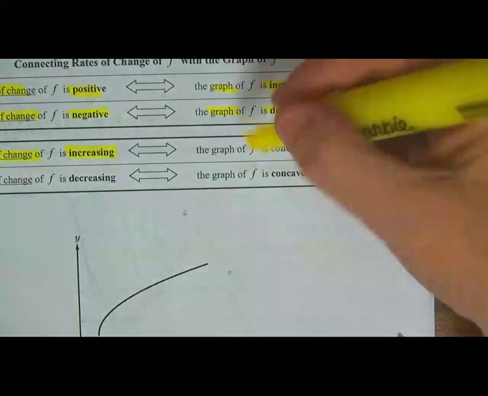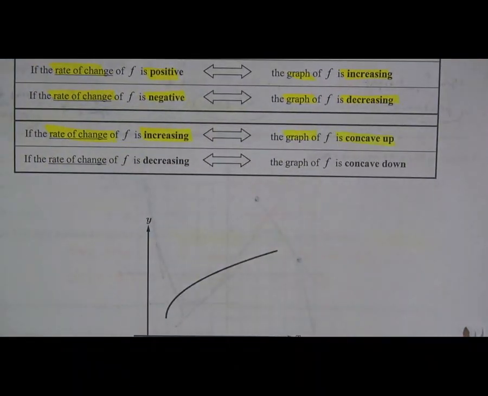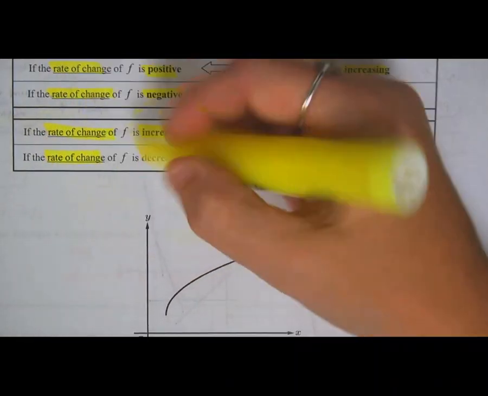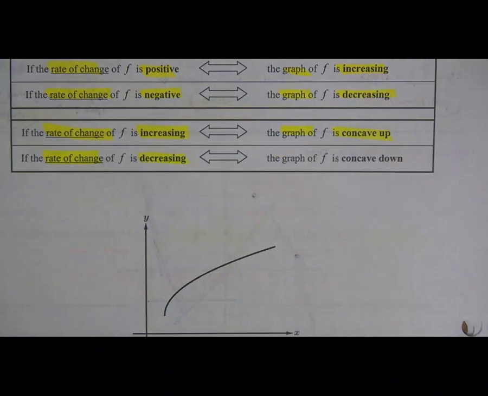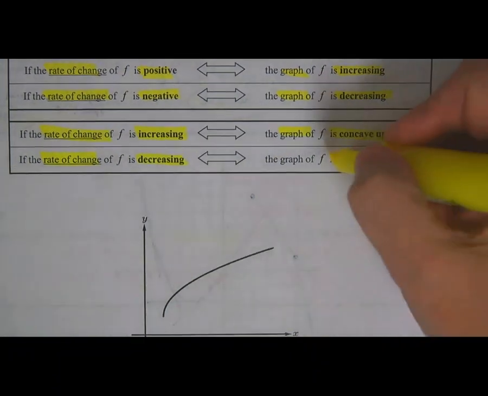And that's what this says right here. The graph is concave up. When the slope is changing in a positive direction over time, that creates a scoop, a concave up, a smiley face. If the rate of change is decreasing on an interval, so the slope is slowly turning more and more negative, that's going to make a frowny face.